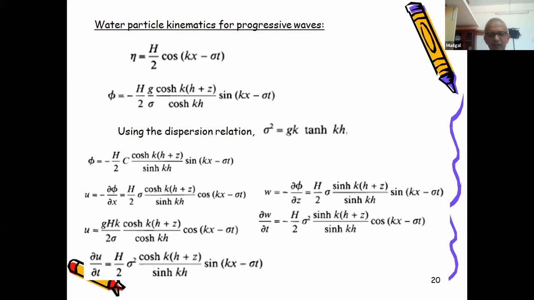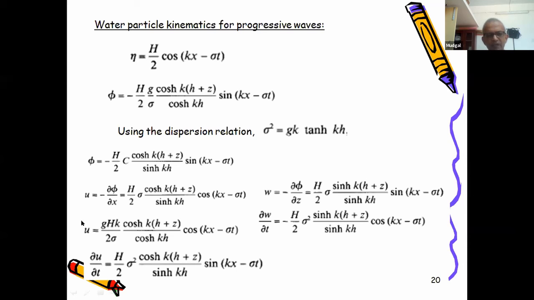With this value of phi, you can find out the velocity in the x direction and the velocity in the z direction. You can differentiate it with respect to x, and you get an expression for the velocity u. Similarly, you can differentiate it with respect to z, and you get the component in the z direction, that is the w component.